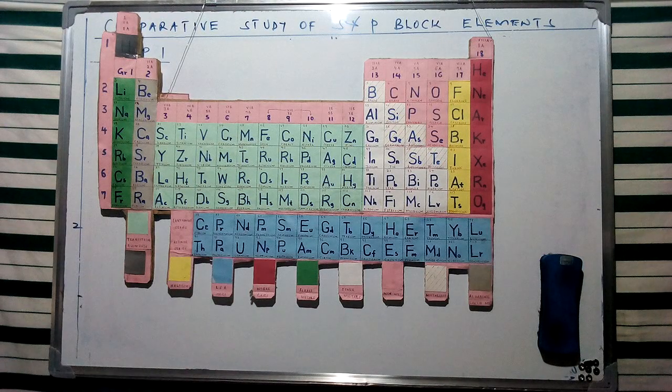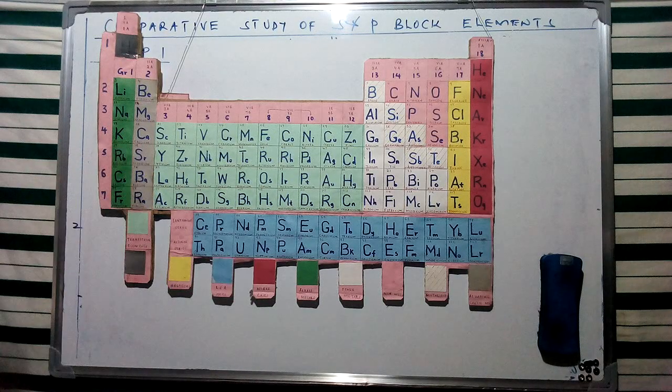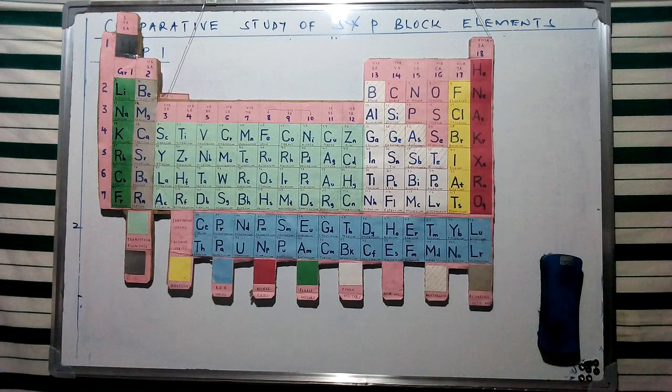And they're going to be ductile in a way that they can be drawn into wires. And they're going to form a range of compounds or elements which are going to be good conductors of heat and electricity. They're going to display high densities relative to other elements, and their melting points and boiling points are going to be relatively higher compared to the first group of elements which we had looked at.